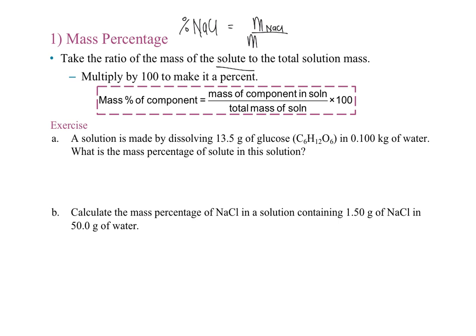Now keep in mind, that's going to be mass of solute plus solvent, so NaCl plus water. And then I'm going to times by 100. So percent means per 100, so that's why we have to multiply by 100. And that's going to make the next ones really helpful. So again, mass of your component over the total times 100.